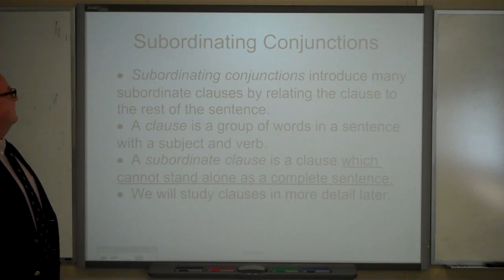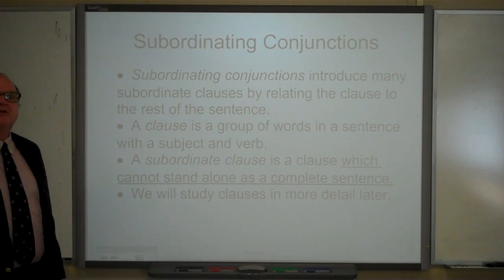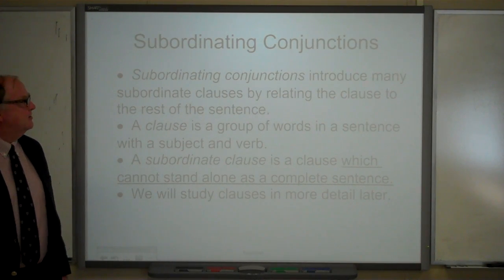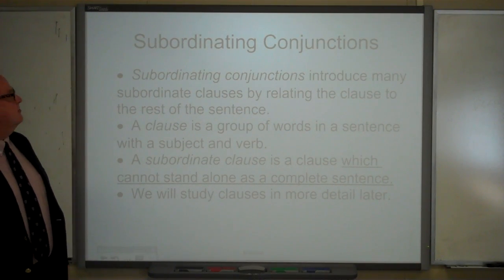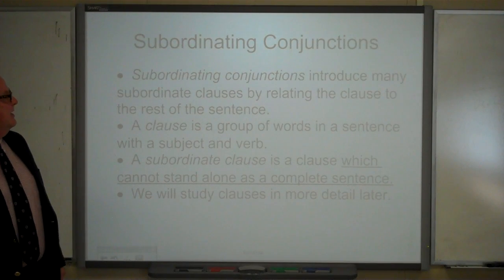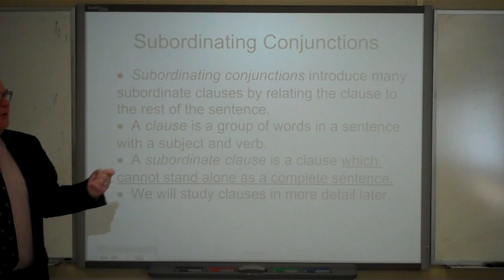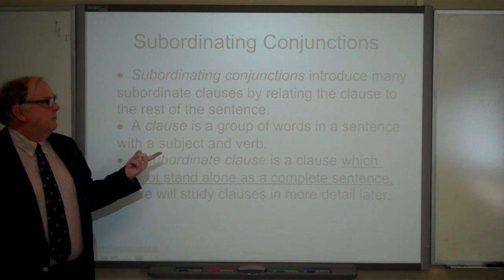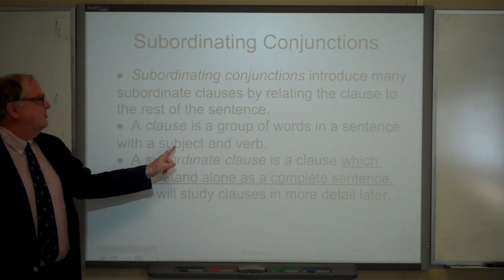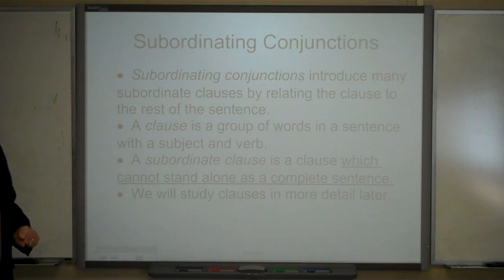Okay, the third type of conjunction is the subordinating conjunction. Subordinating conjunctions introduce many subordinate clauses by relating the clause to the rest of the sentence. And remember from when we studied pronouns, a clause is a group of words in a sentence with a subject and a verb.